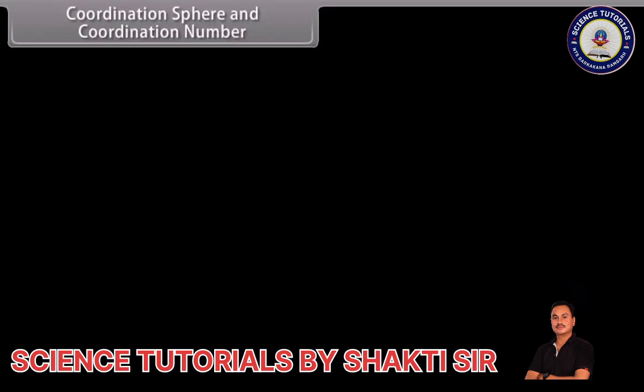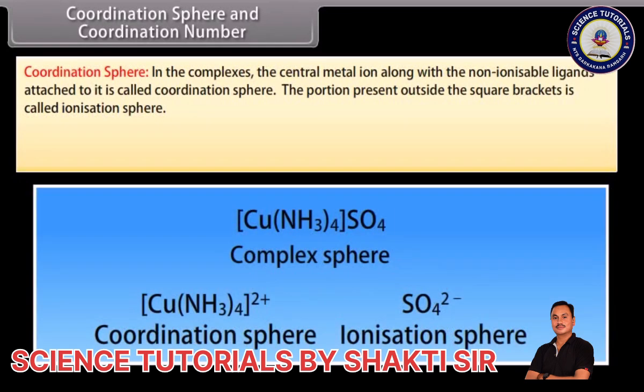Coordination sphere and coordination number. Coordination sphere. In the complexes, the central metal ion along with the non-ionizable ligands attached to it is called coordination sphere. The portion present outside the square brackets is called ionization sphere.